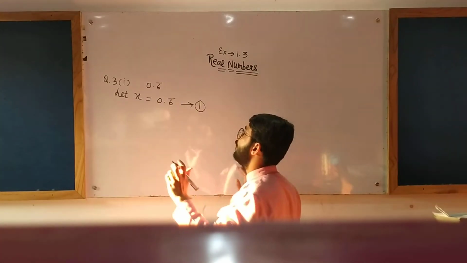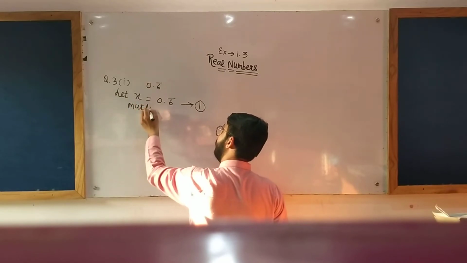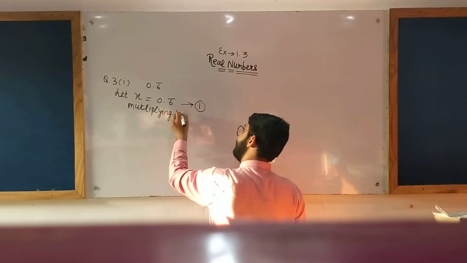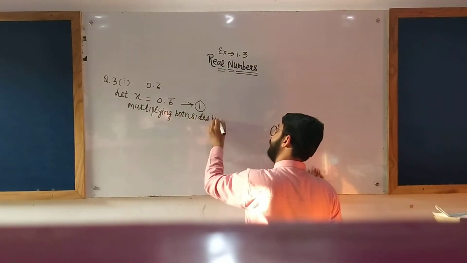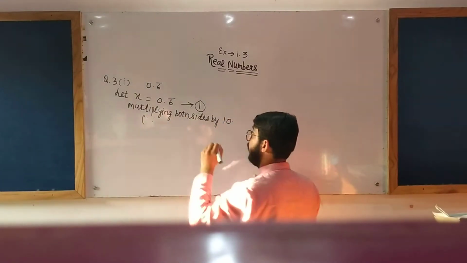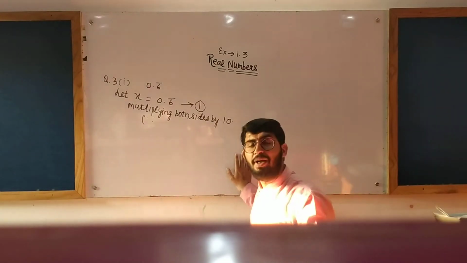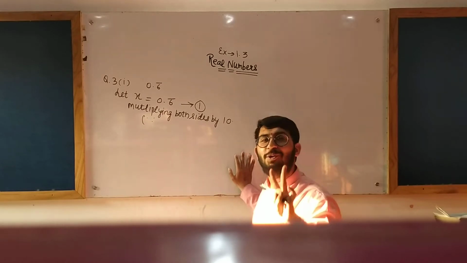So, multiplying both sides by 10. Why are we multiplying by 10? Why are we not multiplying by 100? We will multiply by 100 if the bar is present on 2 digits.